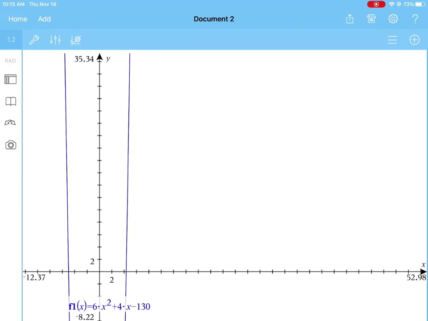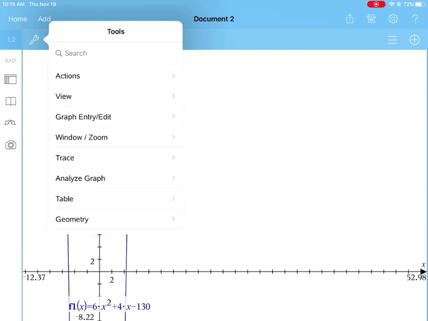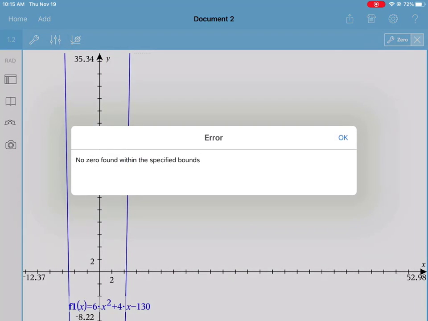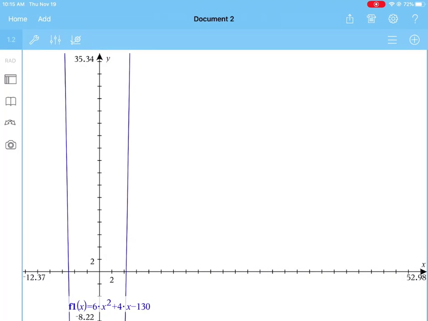And that would be under your menu. Go to menu, and we're going to click on Analyze Graph. And then we're going to go to Zero. And it's going to give you a little bar that you have to hover over and highlight. And so we're going to highlight the section that's going to be at the zero.